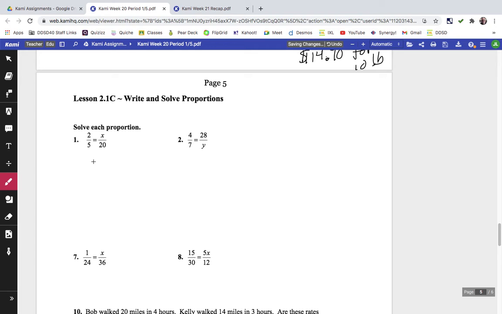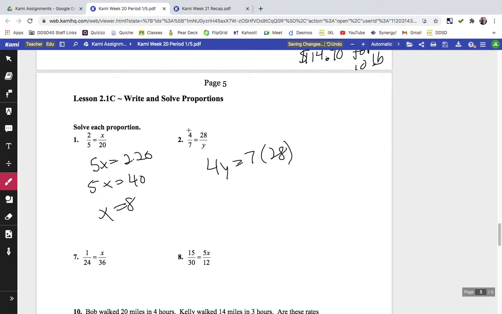Solve each proportion. 5x equals 2 times 20. 5x equals 40. So x equals 8. 4y equals 7 times 28.